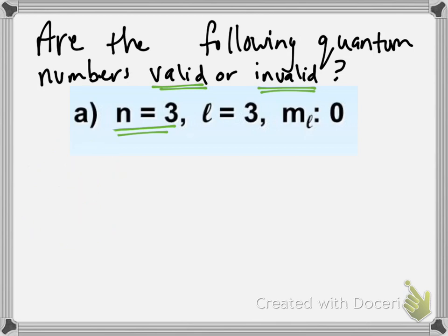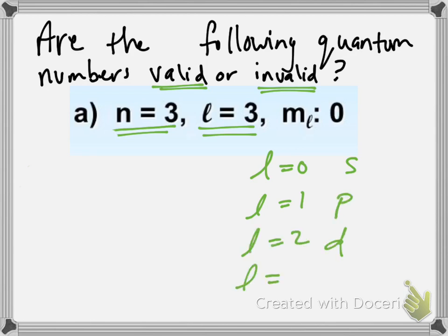What does it mean, l equals 3? Remember, l equals 0 is s, l equals 1 is p, l equals 2 is d, l equals 3 is f. So this means f. All right, now in the third energy level, is there an f orbital?